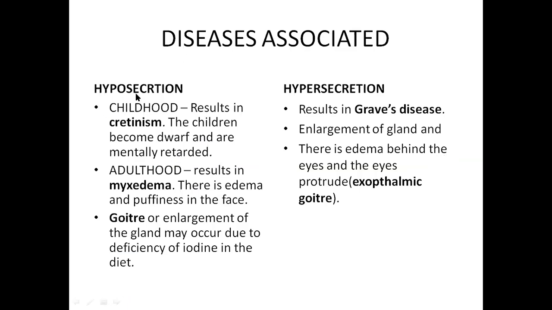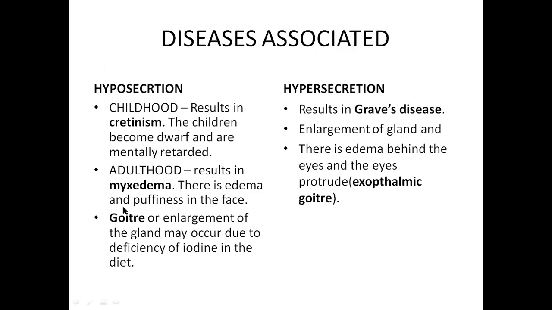Any less secretion of the thyroid hormone results in a disease known as cretinism. Under this condition, the child becomes deaf, and there is lack of development of the nervous system that results in mental retardation. And in adults, the hyposecretion results in what is known as myxedema.